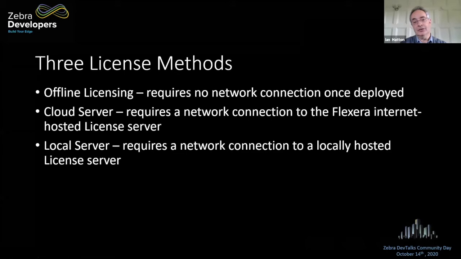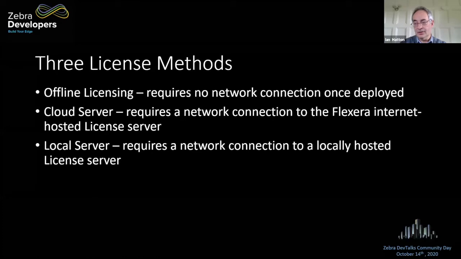So in this case, the idea is that once you deploy the license onto the device, it doesn't need to have any network connection, whether it's intranet or internet. It's basically got a license file installed on the device itself. And that can make life a lot easier.